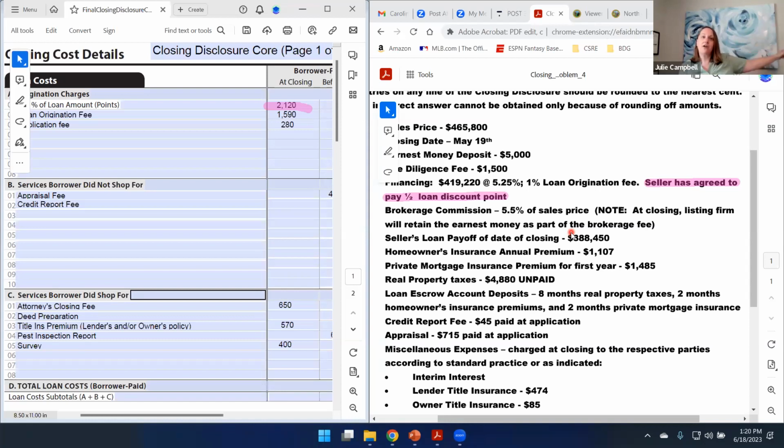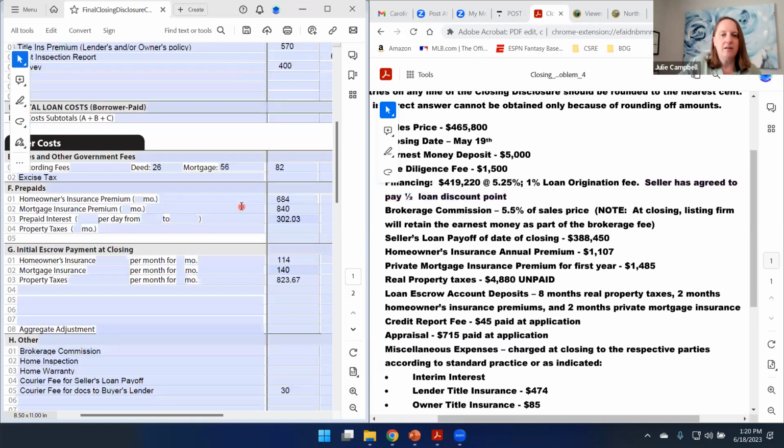On a side negotiation, it is the buyer and the seller that came together and agreed for the seller to pay that half discount point. So on page 1, we have the buyer paying their lender. And now on page 2, we need to show the seller paying the buyer. So if we skip ahead, we have an entry on page 1.